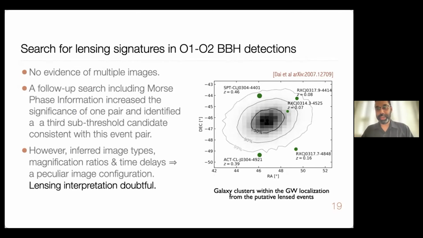However, to explain the observed magnification ratio and the time delay, one has to invoke some very peculiar lens configuration, which makes the authors themselves conclude that the lensing interpretation has to be rather doubtful. So one has to invoke some very peculiar configurations.